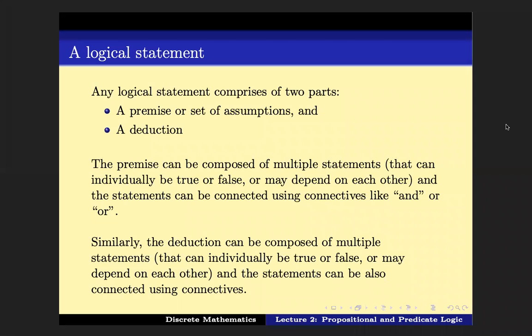So if somebody makes a statement, any statement, that usually has two parts. The first part is a set of assumptions or a premise, and a deduction.